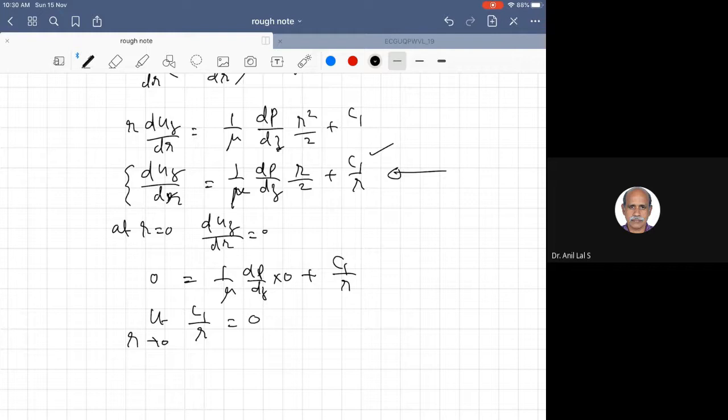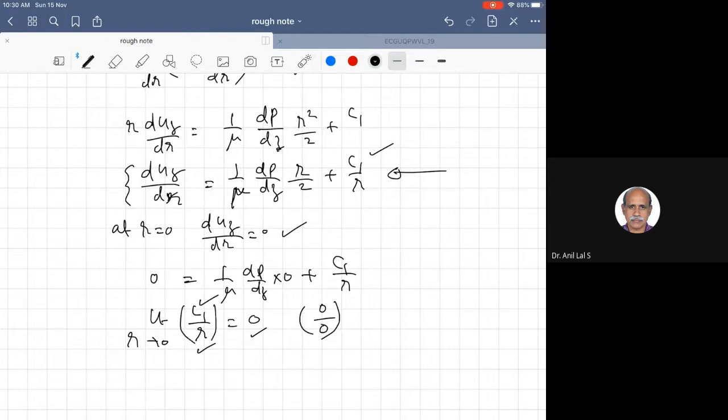So basically this is a constant, and this is the 0. So something finite value for the ratio, so the limit should be of the form 0 by 0, then only this finite value will come, corresponding to duz by dr equal to 0 at r equal to 0.